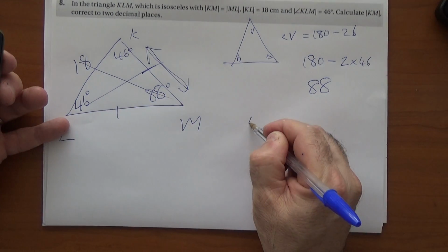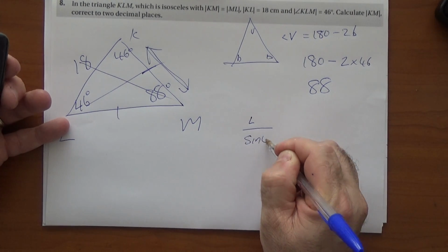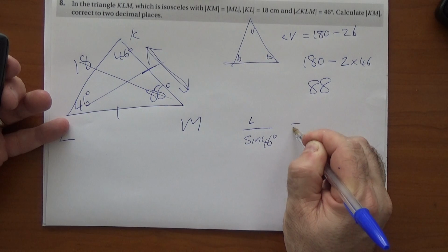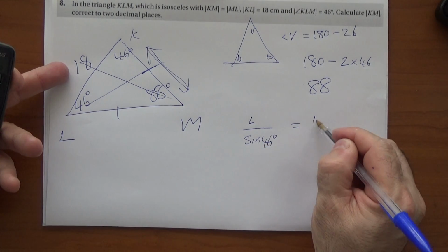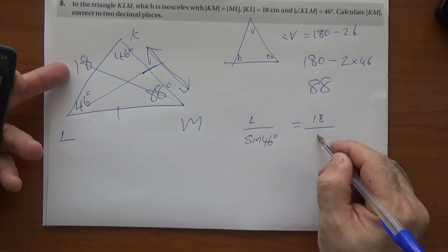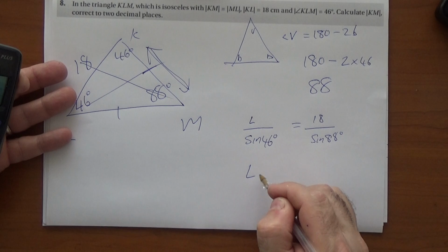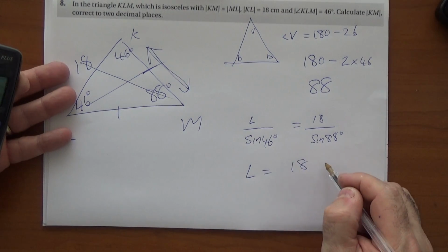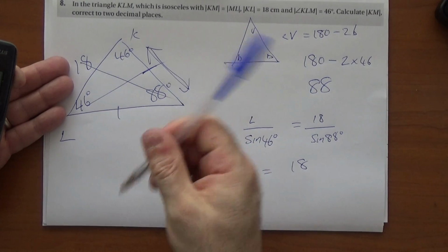KM is opposite L, so I'll say L over the sine of 46 degrees, length over sine, always length over sine. Okay, so L is 18, and by the way, it'll be less than 18, okay?